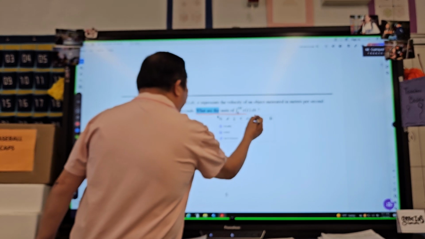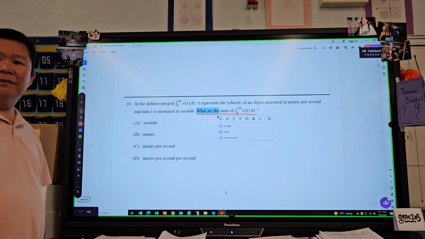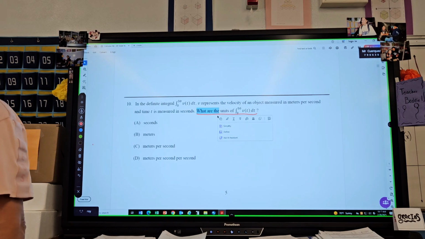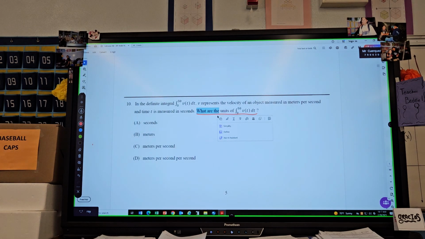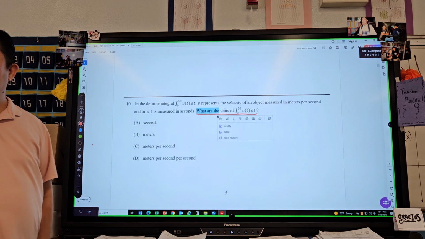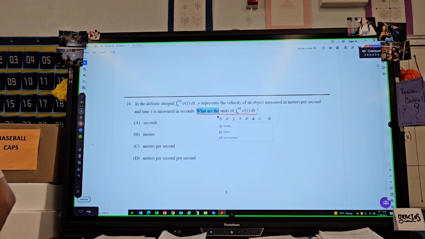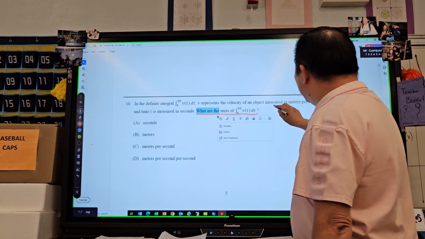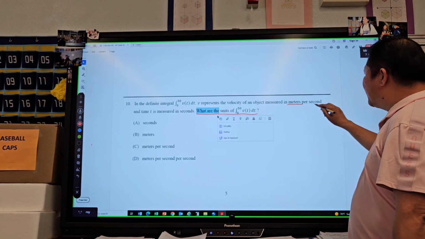So, units. We are on velocity. Normally, what's the unit? But consider that velocity as your given function, v(t) dt. So, what do you think is the unit? T. Velocity of an object measured in meters per second.